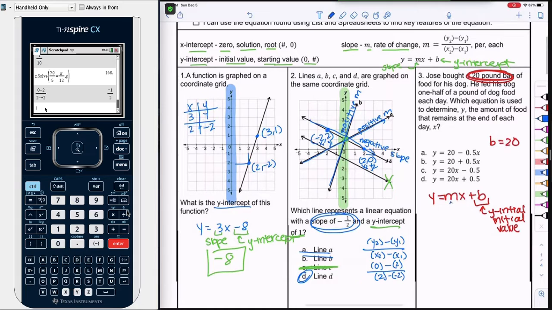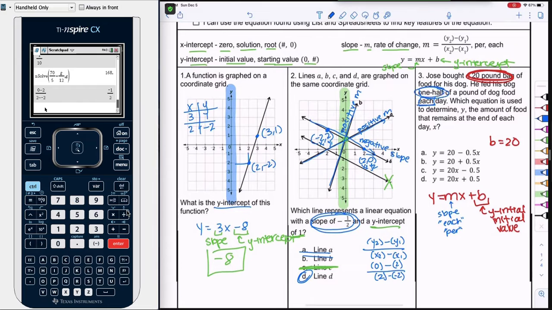And then our m is the slope. And the words that we're always looking for are each, per. So then we have, he fed his dog 1/2 pound of dog food each day.